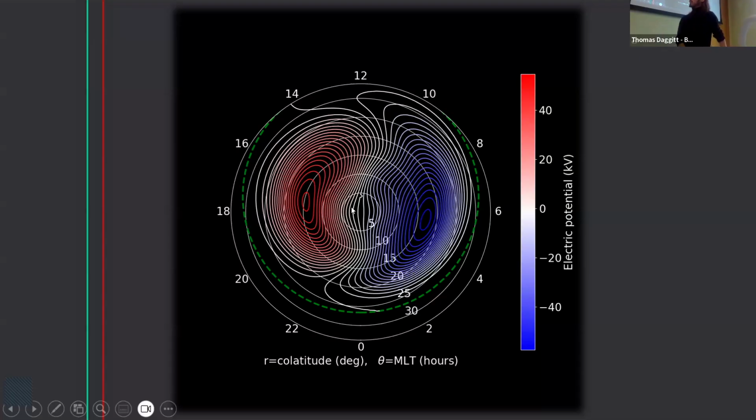This is looking down at, I think, the North Pole, basically showing a very typical two-cell pattern, with high potential on the dusk side and low potential on the dawn side. And then you can trace the field lines down to get potential across the entire atmosphere. So that's the U portion. We've got U and B. We'll come back to K because that's a complex one.